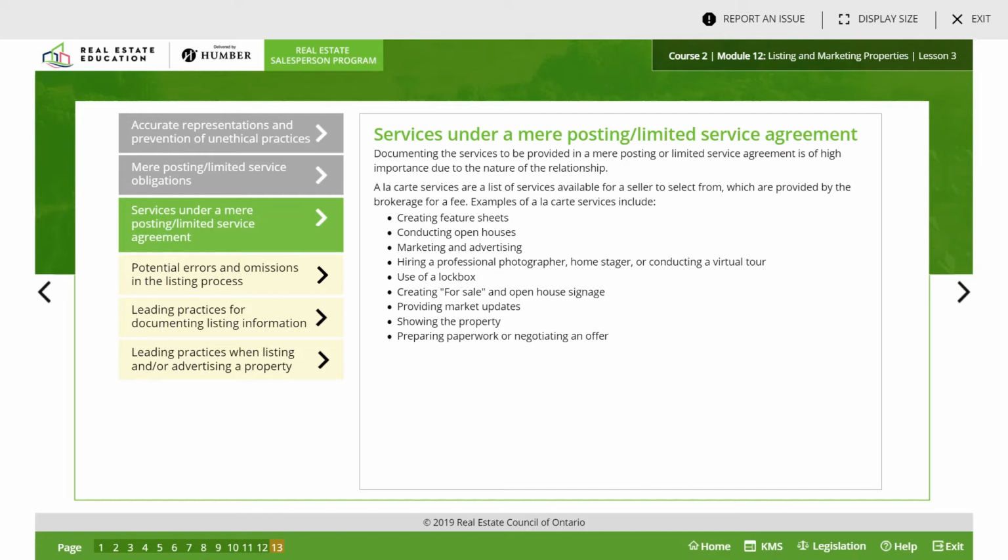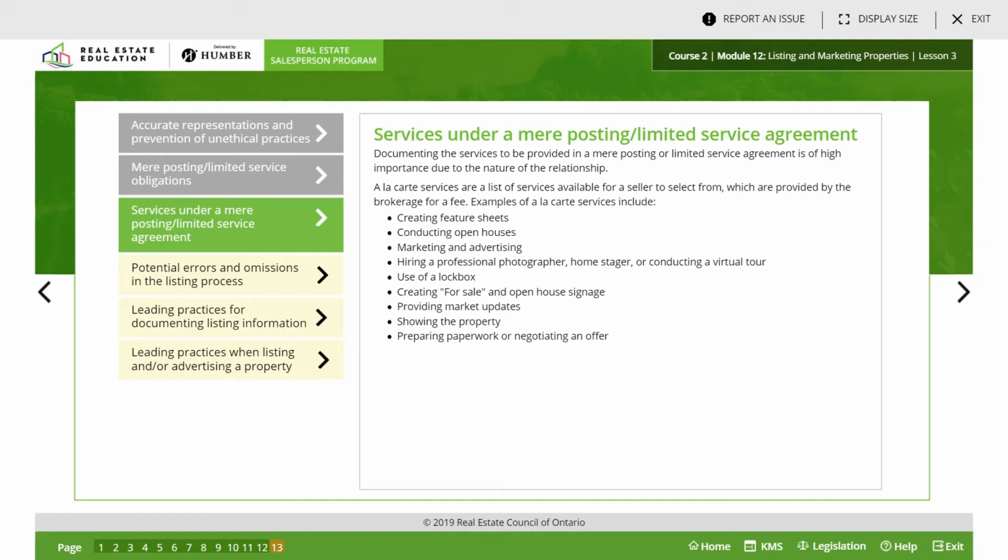A la carte services are a listing of services available for a seller to select from, which are provided by the brokerage for a fee.